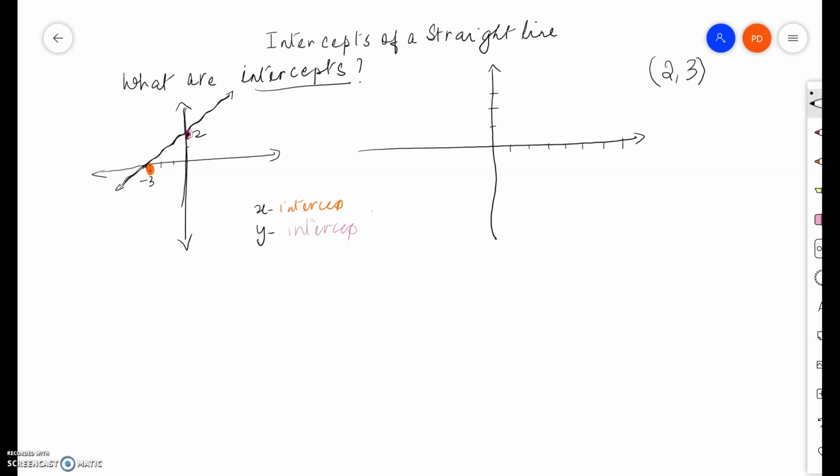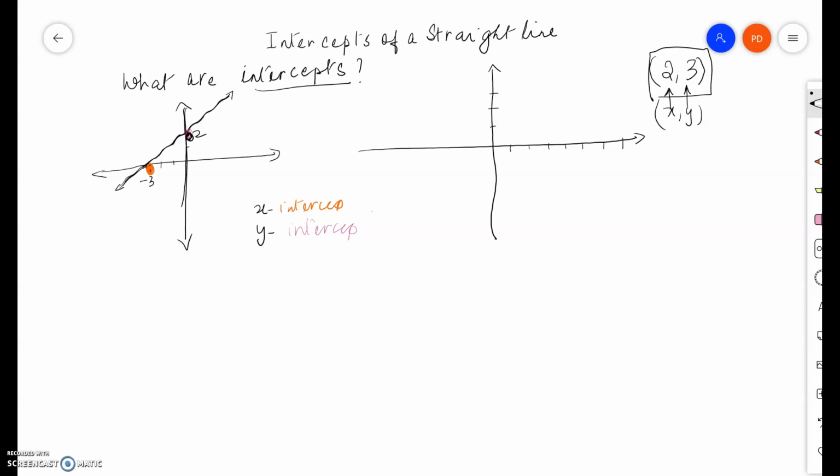So let's think about this point, for example, where the graph crosses the y-axis. Before we do that, let's think about how we graph a point on the coordinate axes. So here we have the point (x, y), and we're going to graph this point. The x coordinate is 2 and the y coordinate is 3.